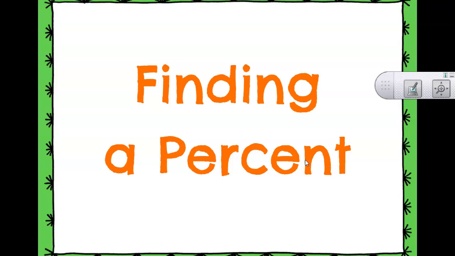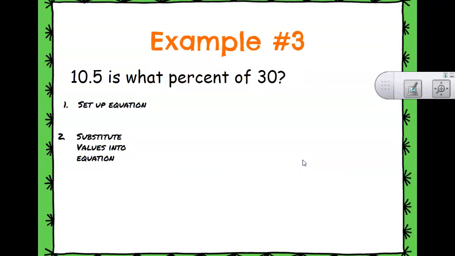All right, so the next one. How do we find a percent? Meaning, we usually do this in school with test scores, right? You know, I got an 18 out of 20. How good did I do on my quiz? What grade did I get? And we have you guys practice finding the percent.